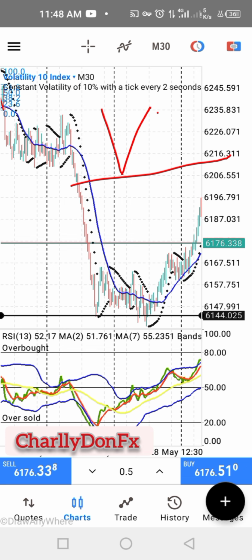Rather, the market will break the low of that previous day and continue its movement downward.